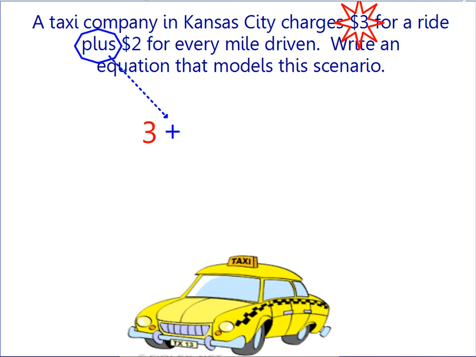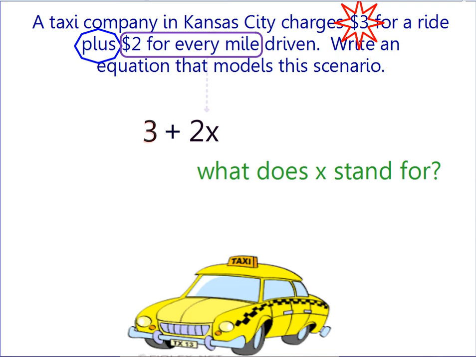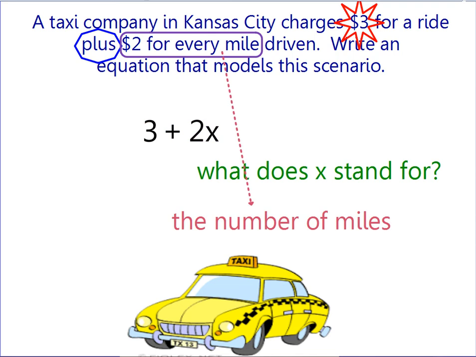Plus $2 for every mile. Could we rewrite that as $2 per mile? You bet we could. Every and per are both going to be multiplication. The unknown in this case is x, and that's going to stand for the number of miles ridden.